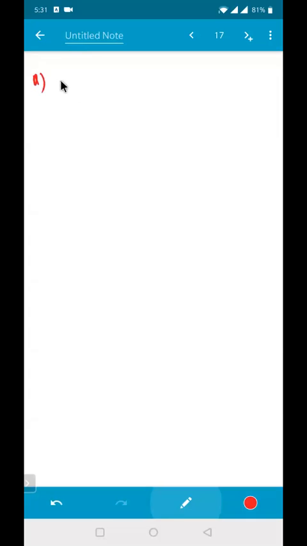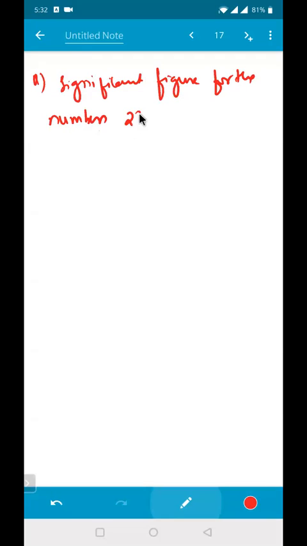Tell me the significant figures for the numbers 23.023, 0.0003, and 2.1 into 10 to the power of minus.